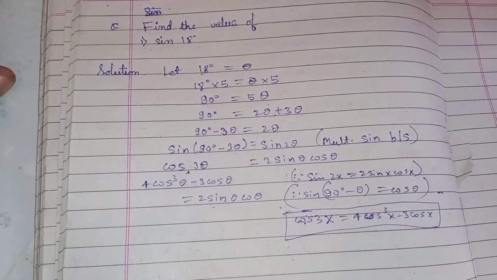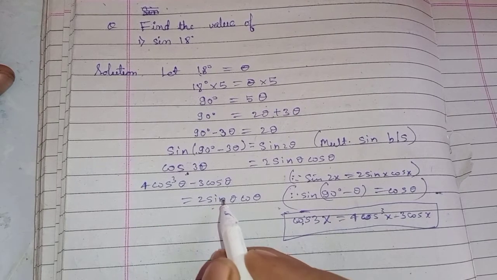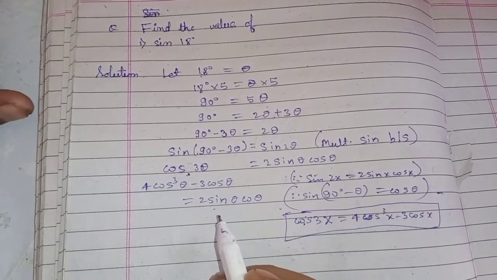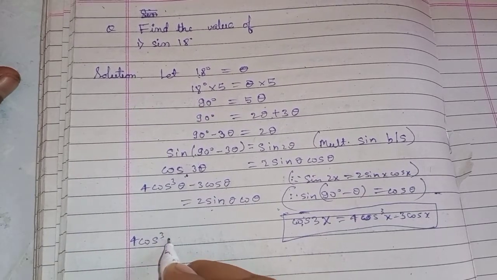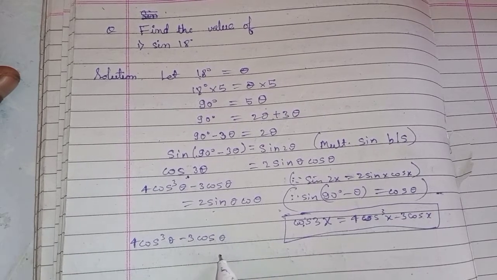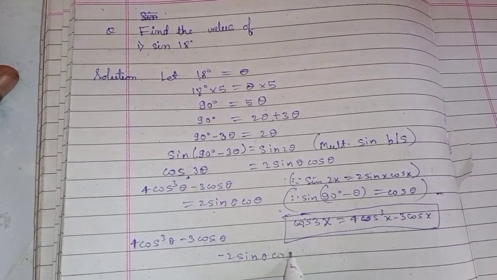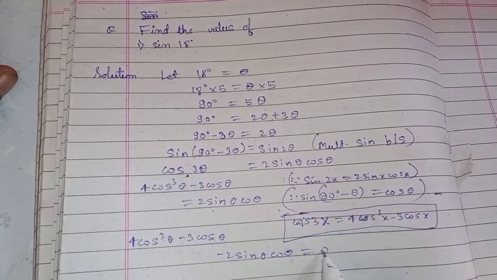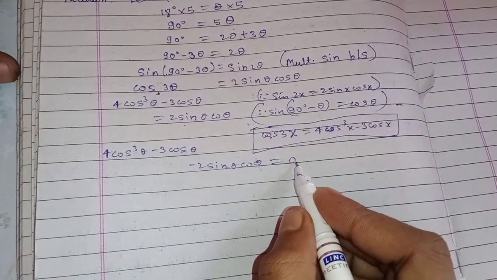Now we will bring this term to the left hand side, then it will become 4 cos cube theta minus 3 cos theta minus 2 sin theta cos theta, and as nothing is left on the other side, it will become 0.